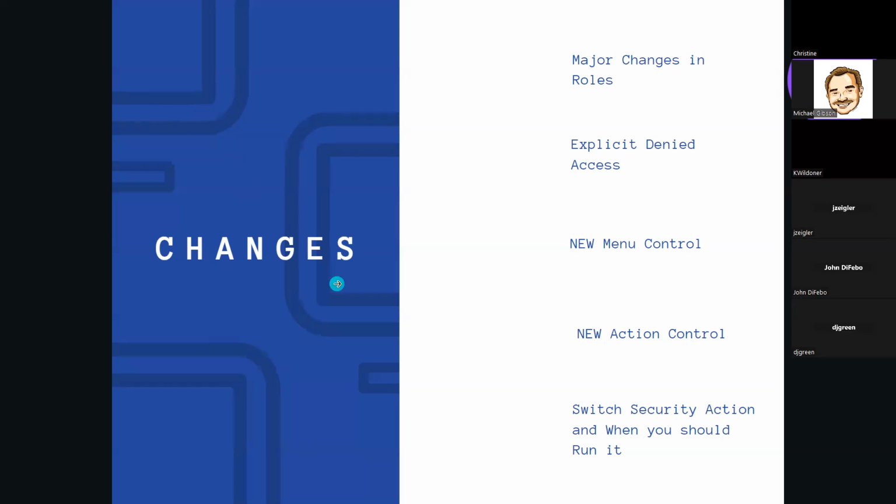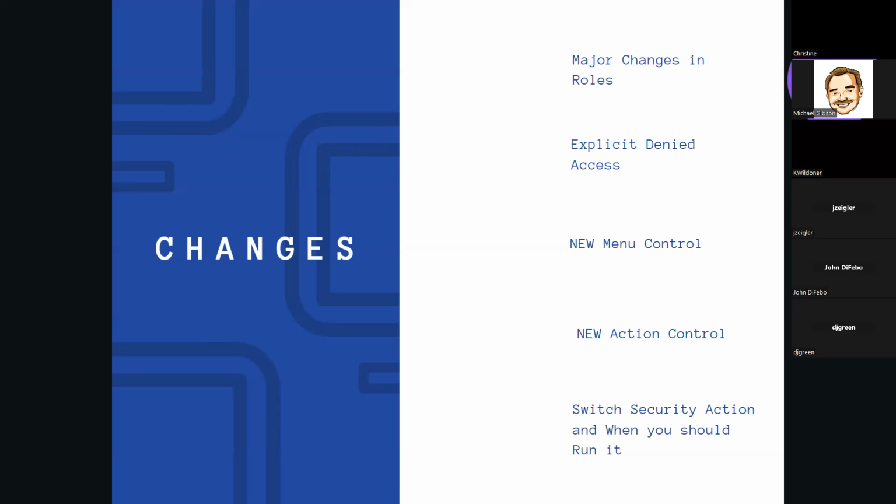And then the new menu control allows us to remove items from the menu. Note that you can give users access to an object, but if you've removed it from the menu, they'll never be able to access and control it.